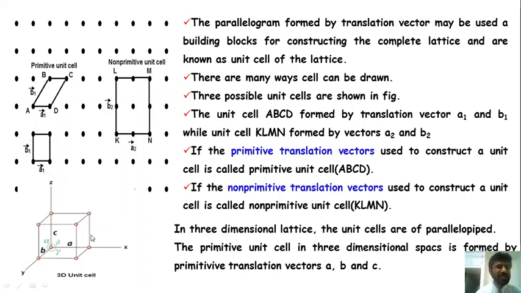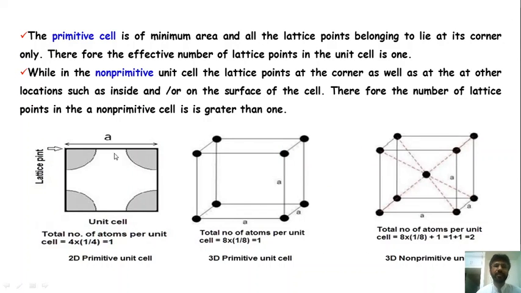So this is the three-dimensional primitive unit cell formed by the primitive translation vectors A, B and C. Here again, this is the two-dimensional unit cell and this is the three-dimensional unit cell. The primitive unit cell is of the minimum area and all the lattice points lie at the corners only. Therefore, the effective number of lattice points in this unit cell is 1.